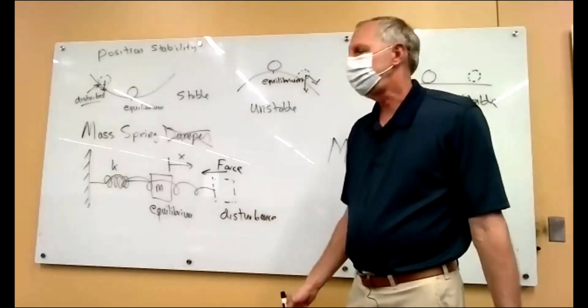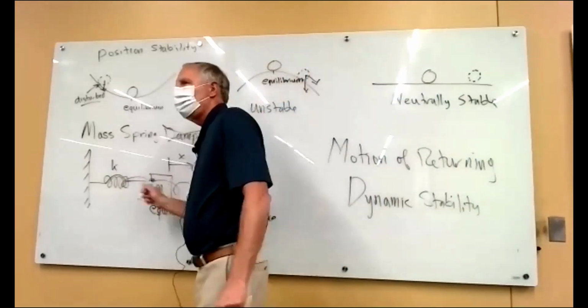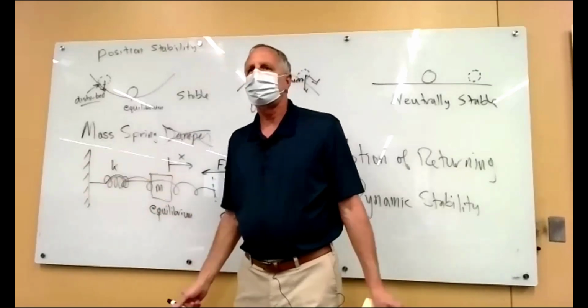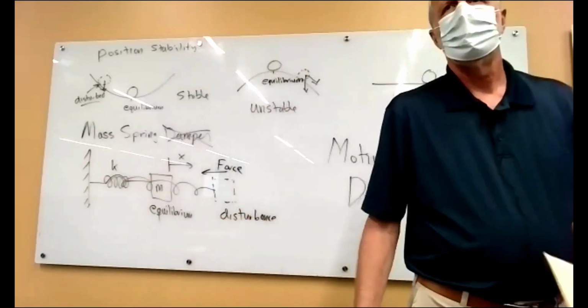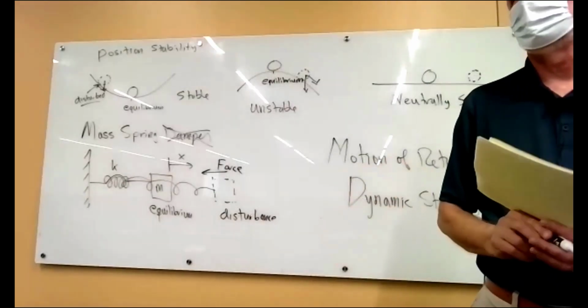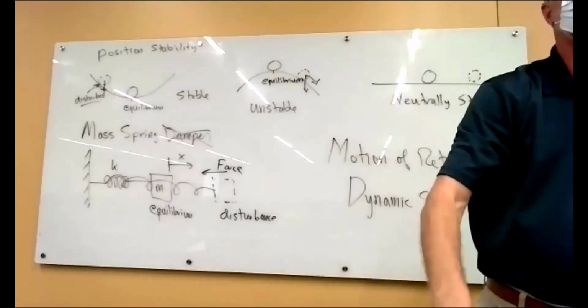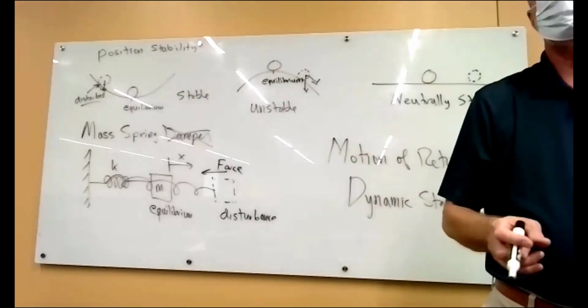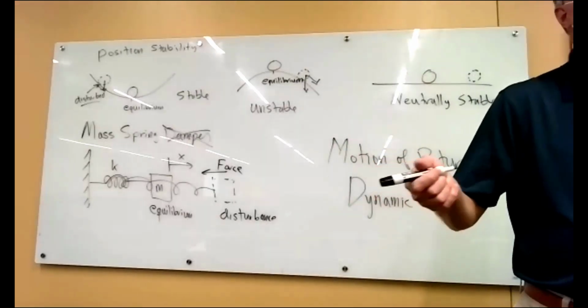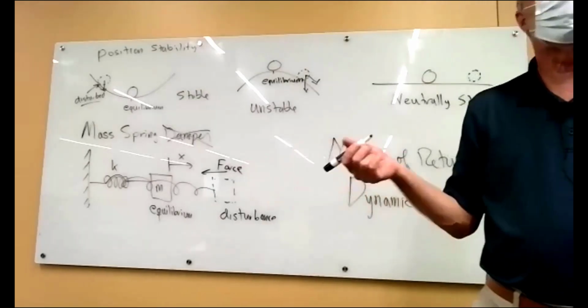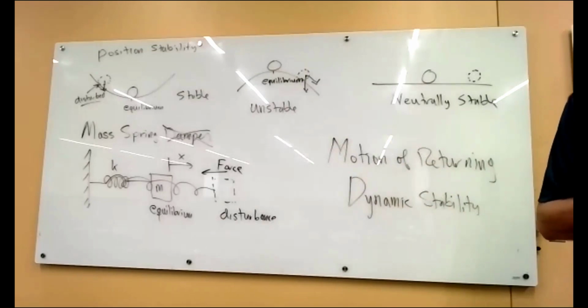Depending on what you want from this thing, maybe you want the mass to go back and forth and oscillate for a really long time, right? If this is the suspension system in your car and you hit a big pothole, you probably don't want your car to bounce up and down for the next half mile down the road, because the suspension, you want some kind of damping, something else in there to damp out the motion. In fact, that's the damper or the shock absorber, right?